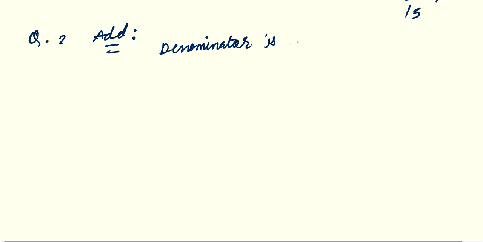Then question number 2, again addition is there, but in this question, the second type, the denominator is different. The first is minus 2 by 5 and 3 by 7.